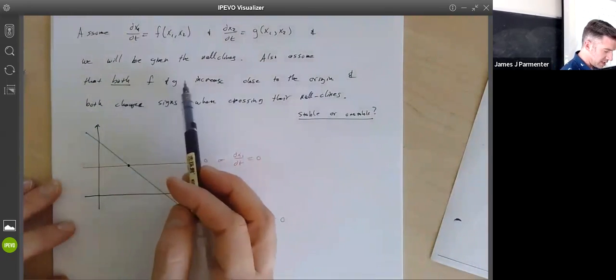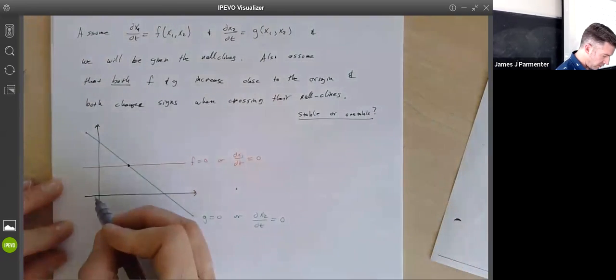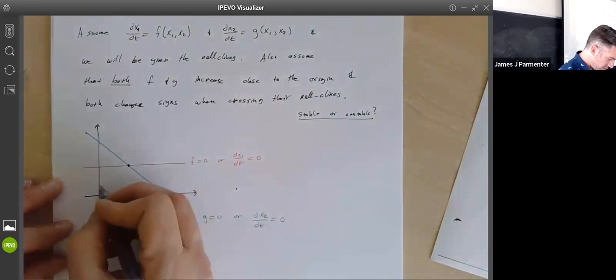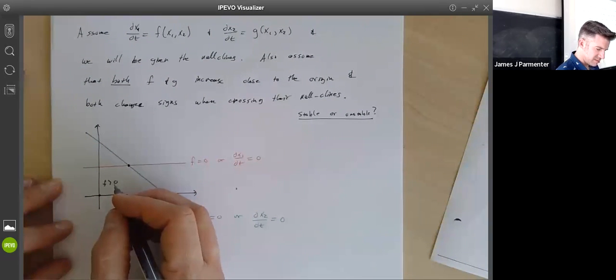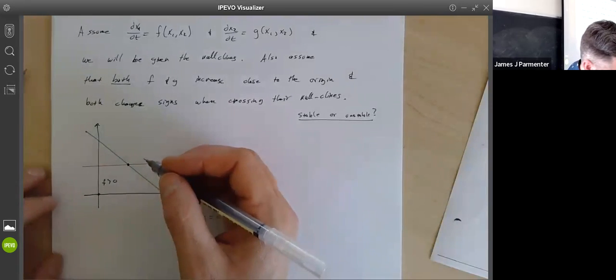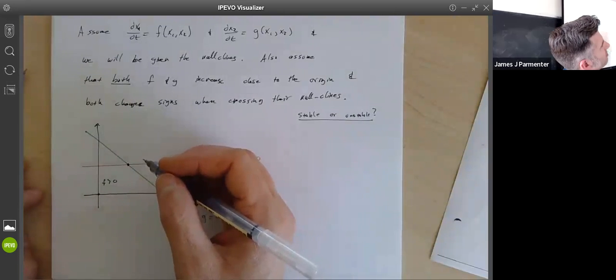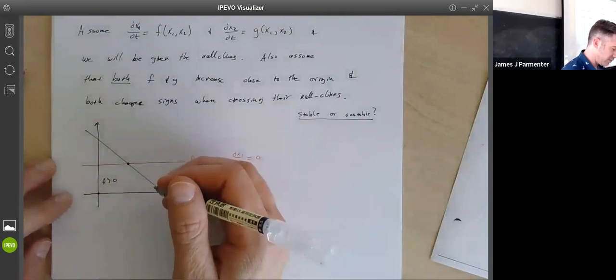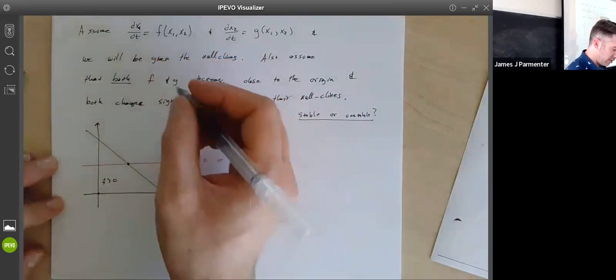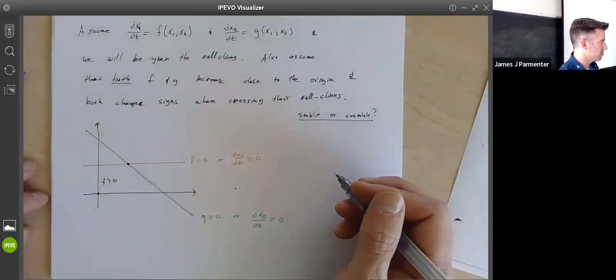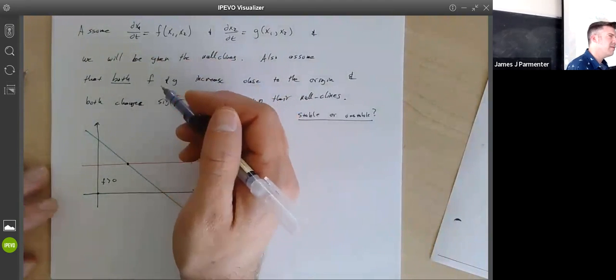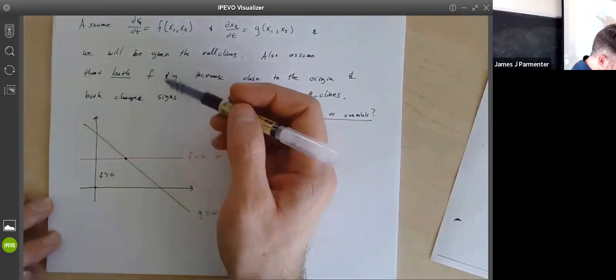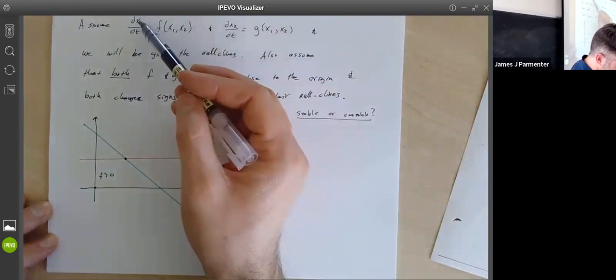Okay. Well, we were told that both F and G increase close to the origin. I think really what I meant to have said, and I apologize, is that both x1 and x2 increase near the origin. Let me think for just 1 second here.